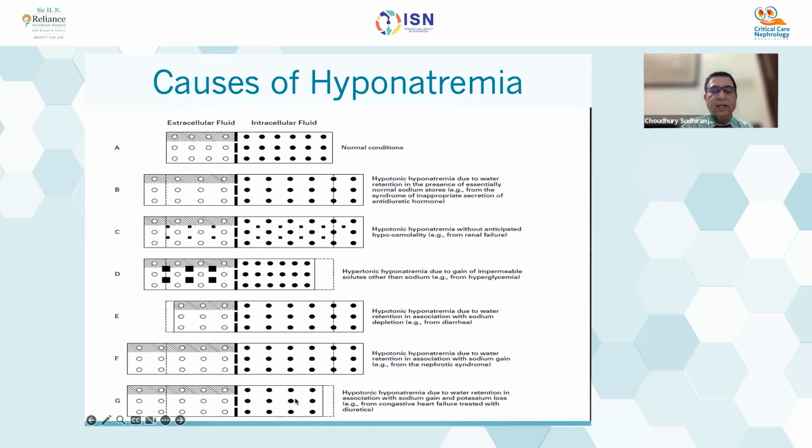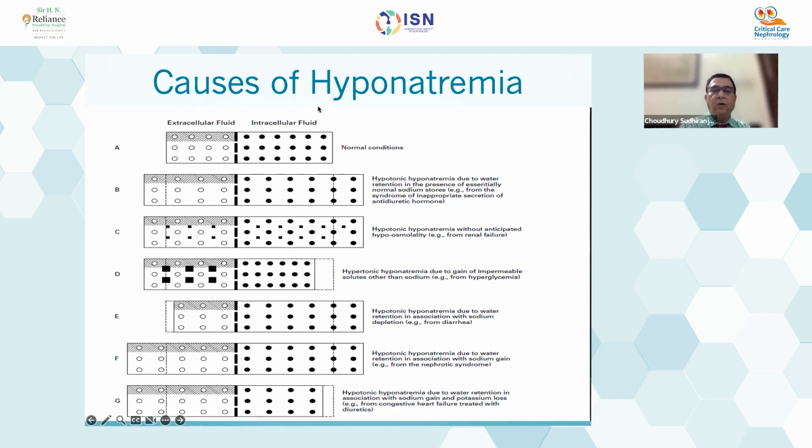and there will be shrinkage of the intracellular fluid compartment, whereas due to the renin-angiotensin-aldosterone axis, the sodium will also increase. Sodium gain will happen. Along with that, the water will be absorbed, and that will cause dilutional hyponatremia with hypokalemia.